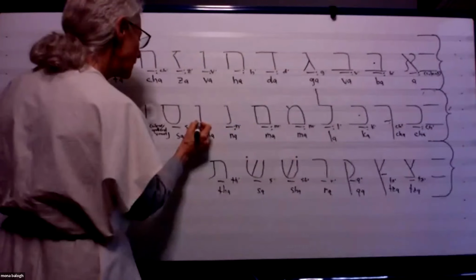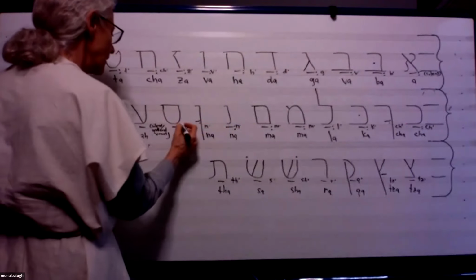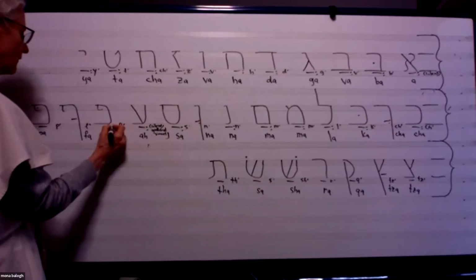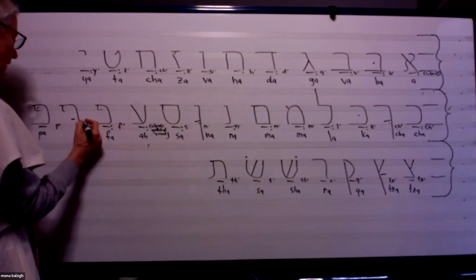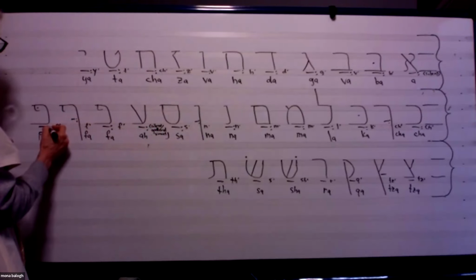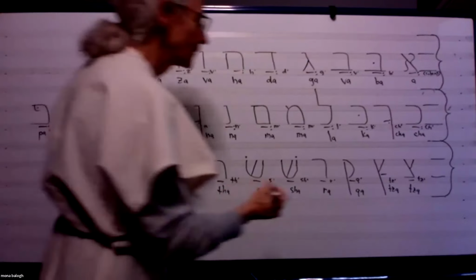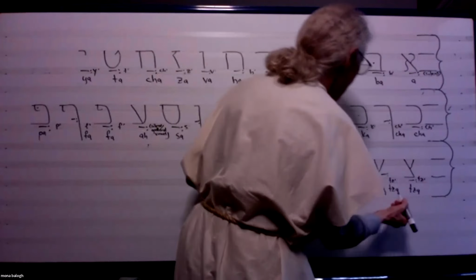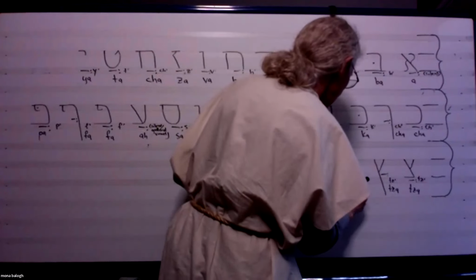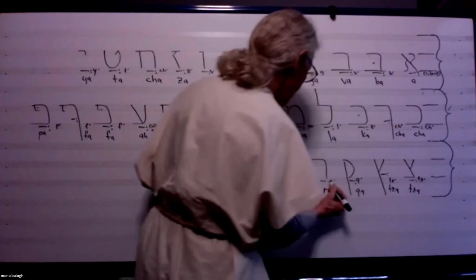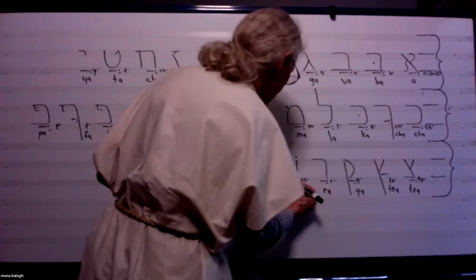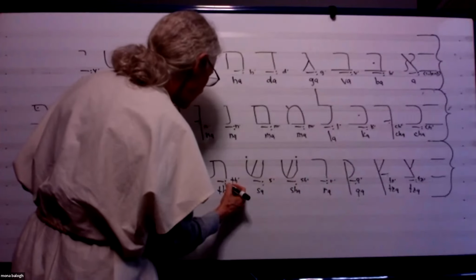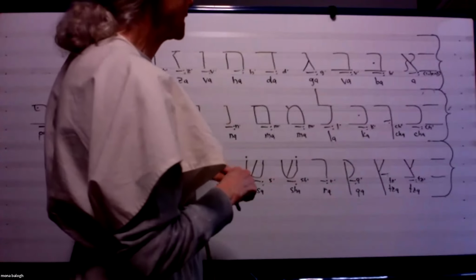Okay, let's do it in here. Na, sa, o, fa, fa, ha, sa, ha, ra, sha, sa, ta. Okay, I think you get the idea.